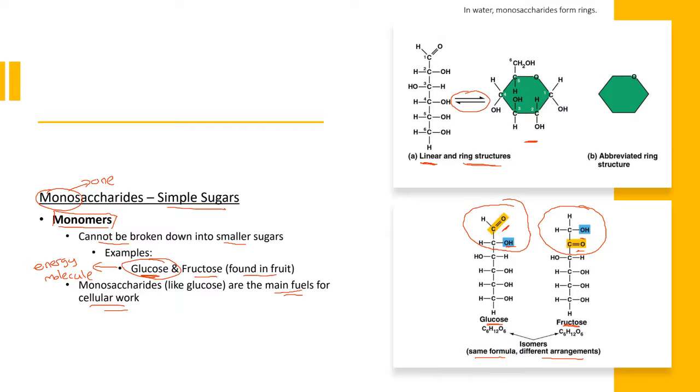Okay, and that can mean that we have two slightly different molecules. So those are going to be the monomers, okay? Mono for one, cannot be broken apart, and the main monosaccharide that we'll talk about is going to be glucose. And if we bring a bunch of glucose molecules together, okay, a bunch of monomers together, we are going to build up a polymer.